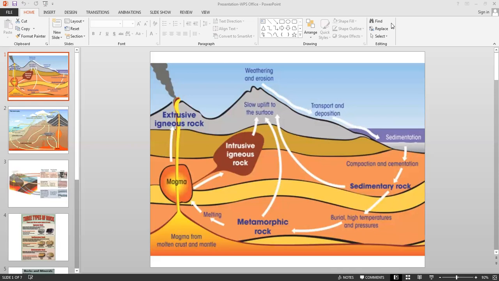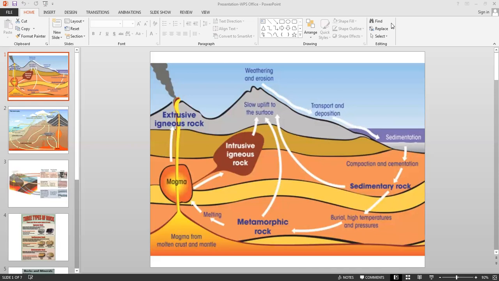Sedimentary rocks. Madam Kusima's network is failing.